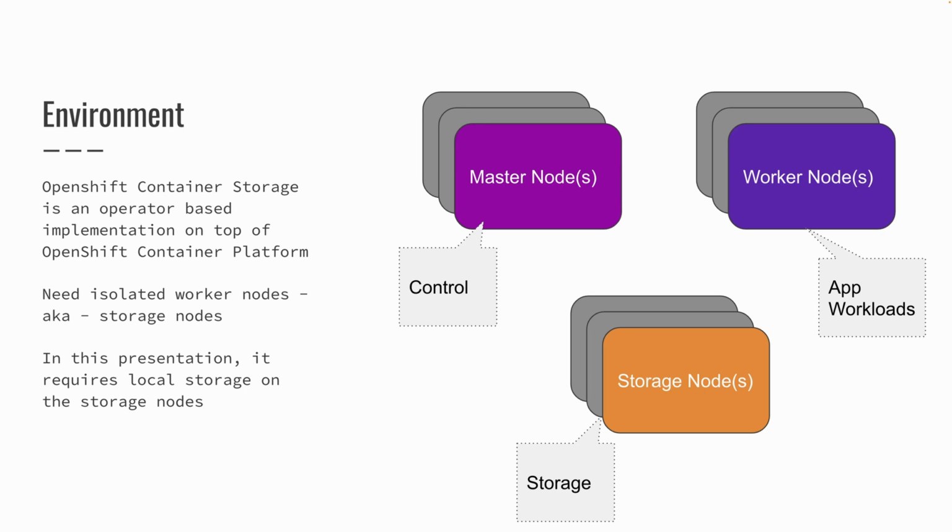But otherwise, let's get back to the environment that I'm working on, the IBM Power Platform with SAN attached storage. The lsblk command is used to make sure the extra storage, the additional storage, is attached to the worker nodes. So that is the environment that is needed for this particular presentation.